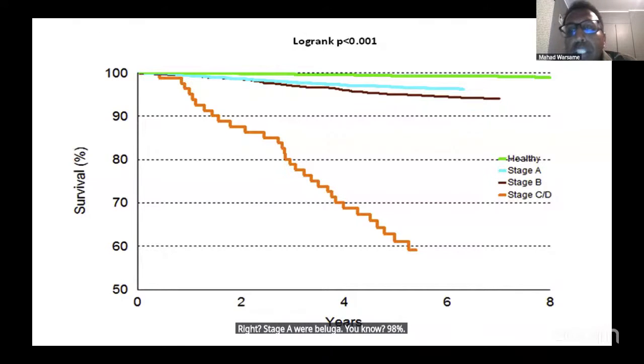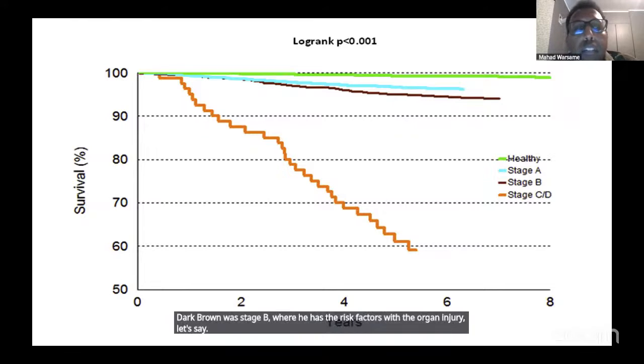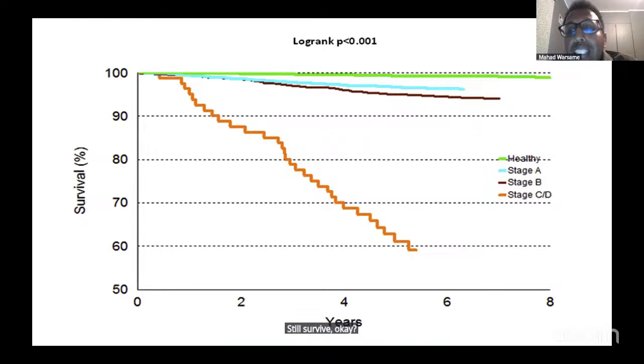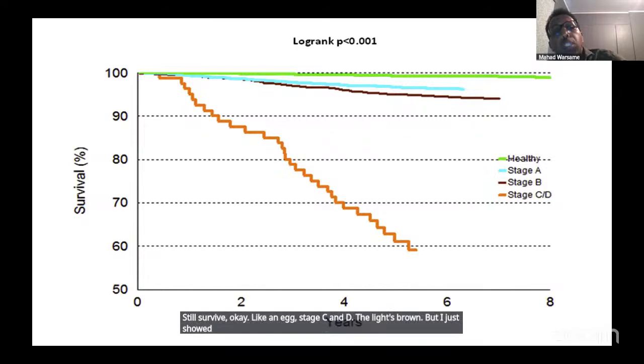Dark brown is stage B, where he has the risk factors with organ injury. Still good survival. Then stage C and D, the light brown, drops dramatically, with hospitalization every year.